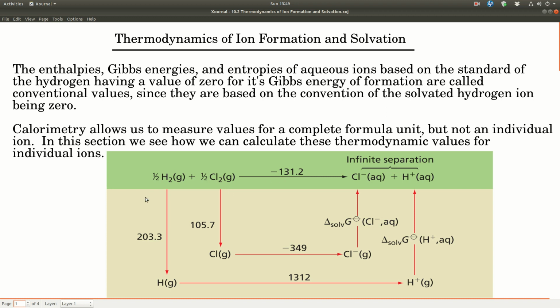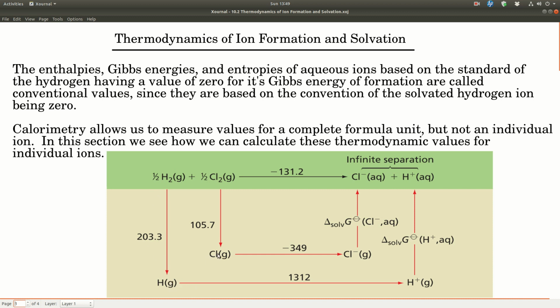Now, our theoretical path would be to take the separate molecules, hydrogen and chlorine, and dissociate them into gaseous atoms. This energy we call the bond enthalpy, the bond energy.